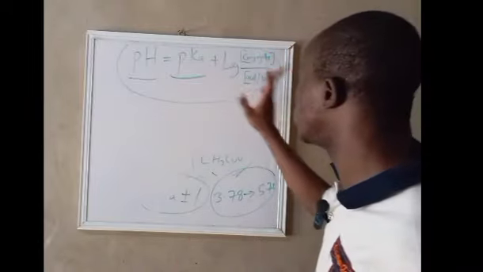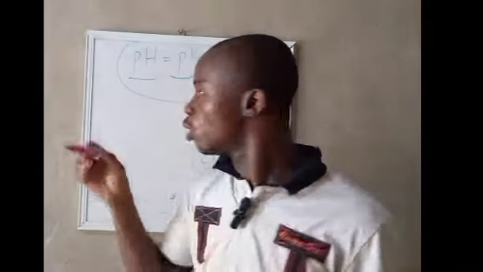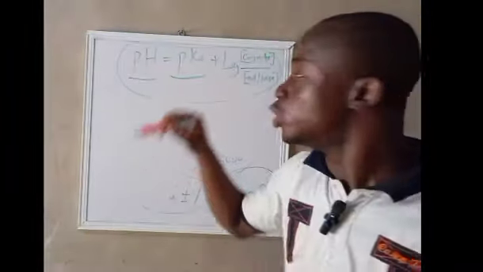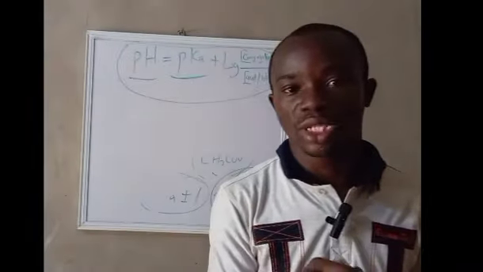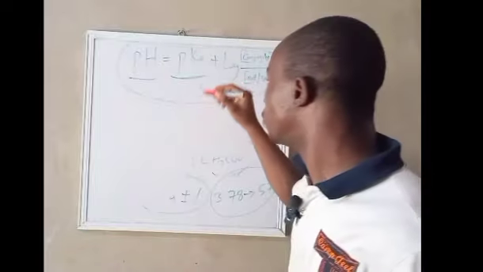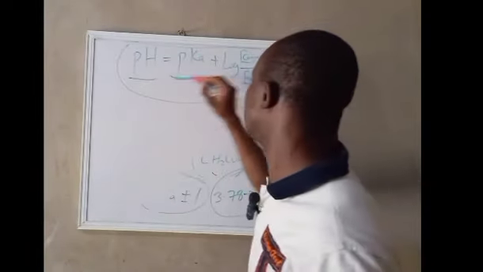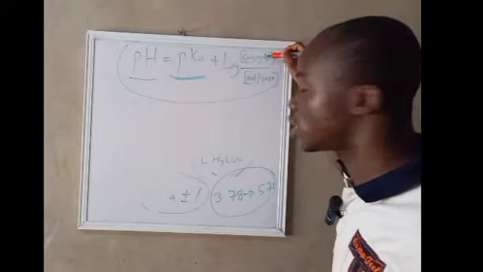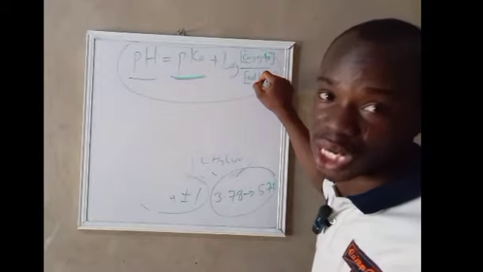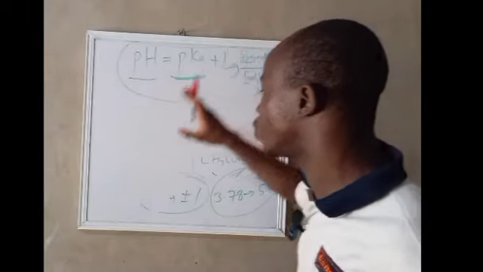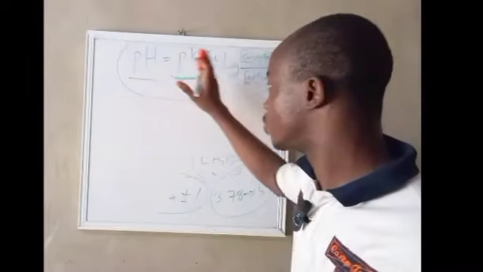They can even ask you to prepare a buffer of a particular pH using a particular weak acid and conjugate base pair. You will need the pKa, and then you can determine the ratio of the conjugate base to the weak acid, and use that to prepare the buffer they want. That is very basic.